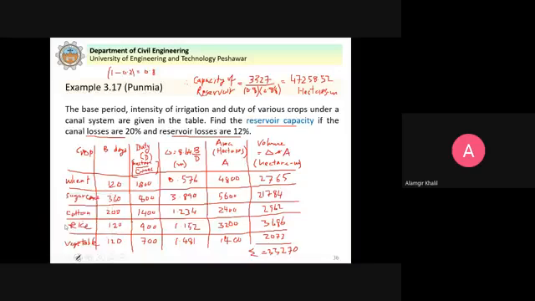Let us write down small h to be consistent. So this is the capacity of the reservoir.